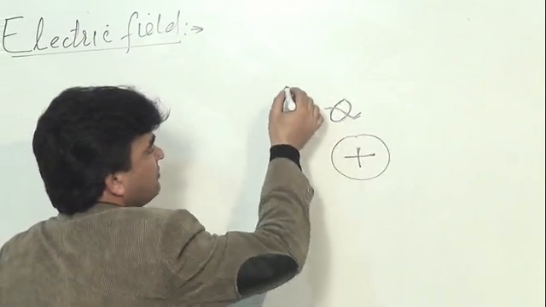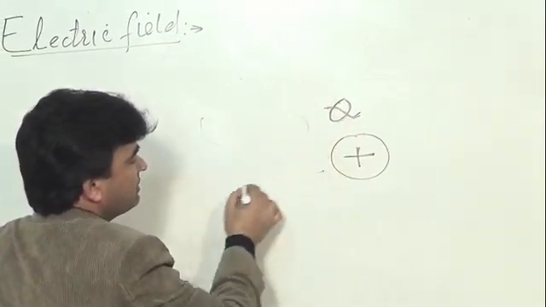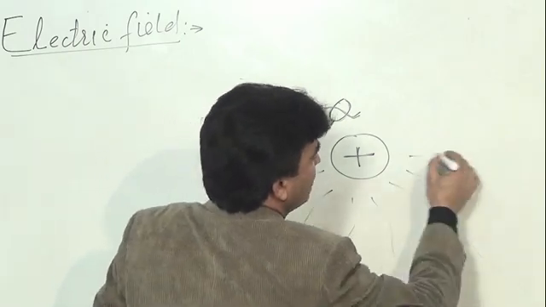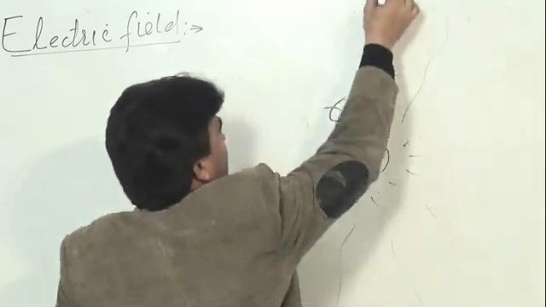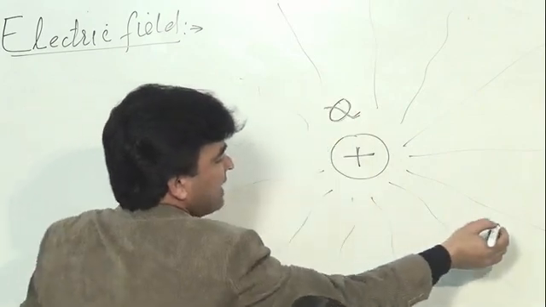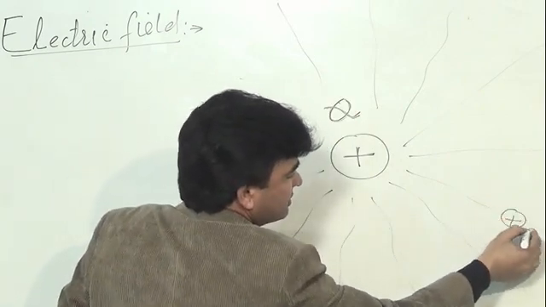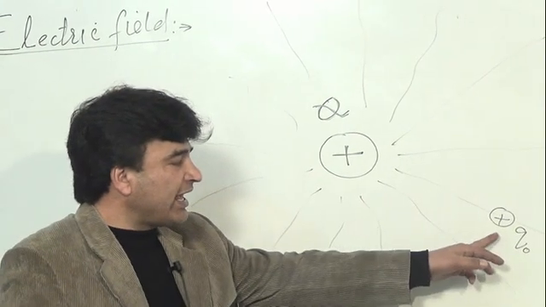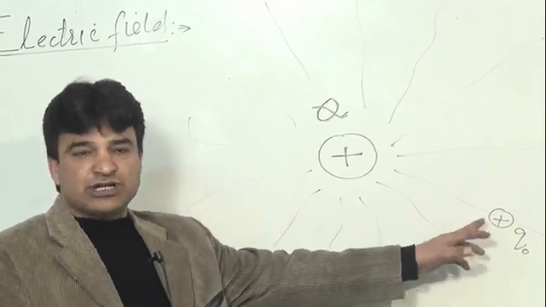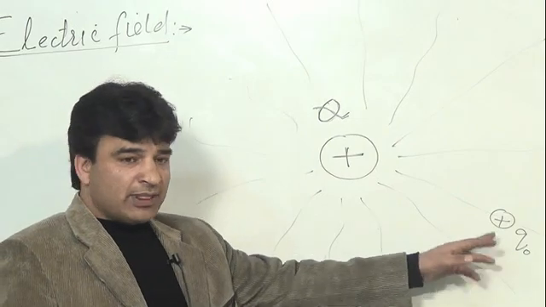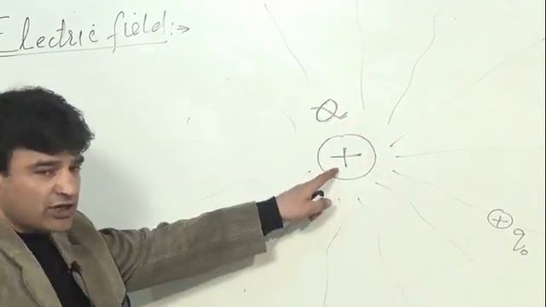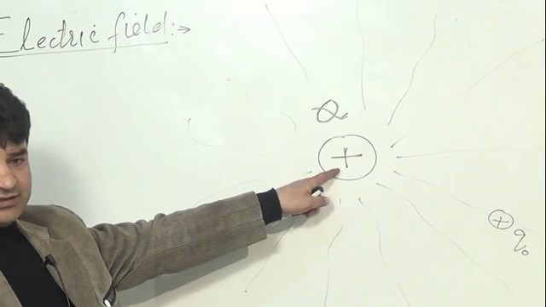Then the region around this charge, in which if I place any other charge, say Q0, this charge will experience electrostatic force. Then we call the space or region around this charge the electric field.